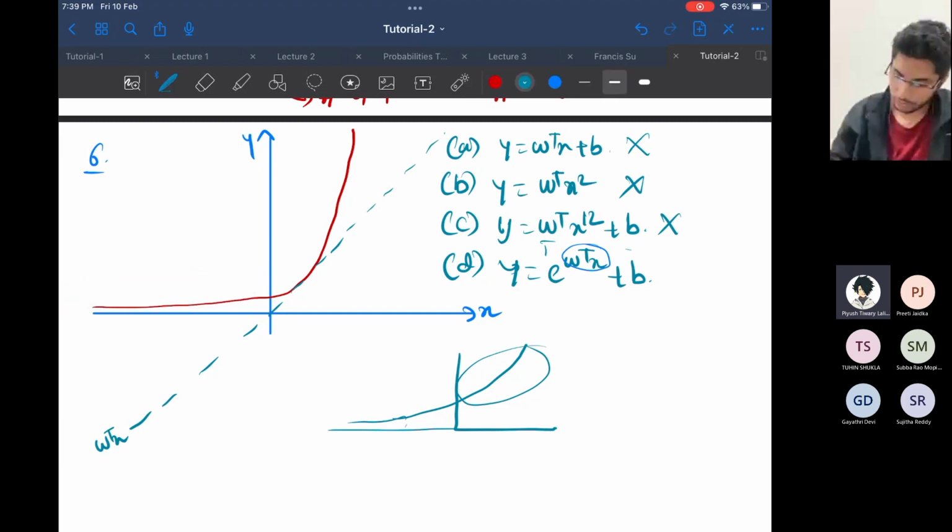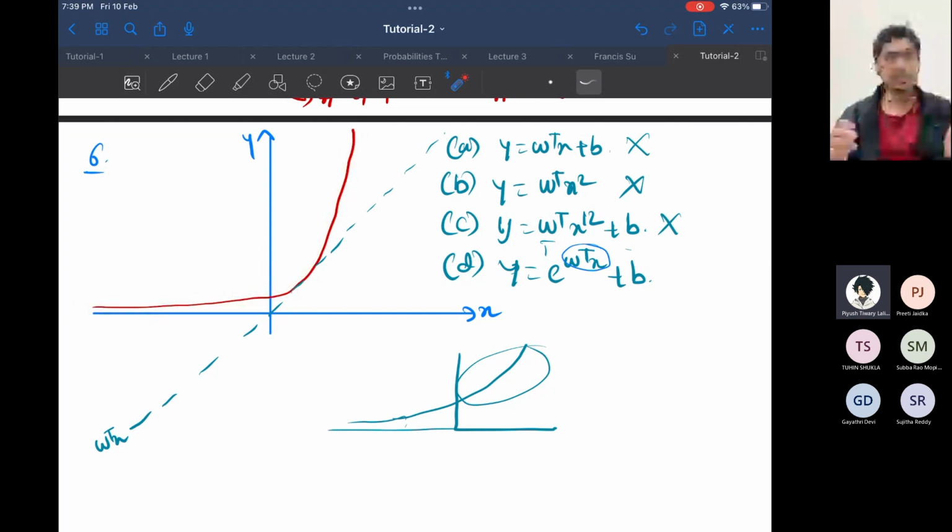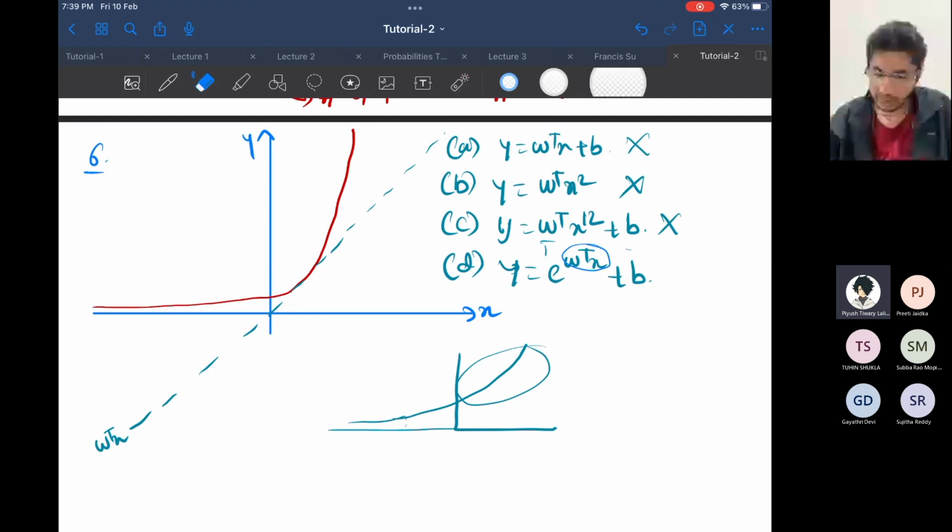So in the positive part it will have something like this, whereas in the negative part it will decay. So I think it does make sense that this kind of function might be able to approximate your given function. So it seems like this is the correct option.